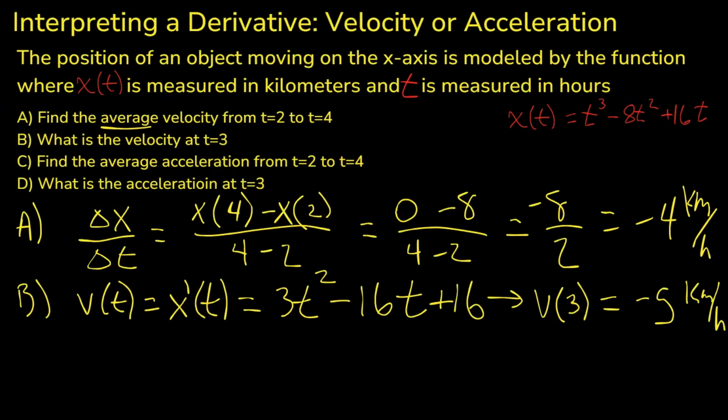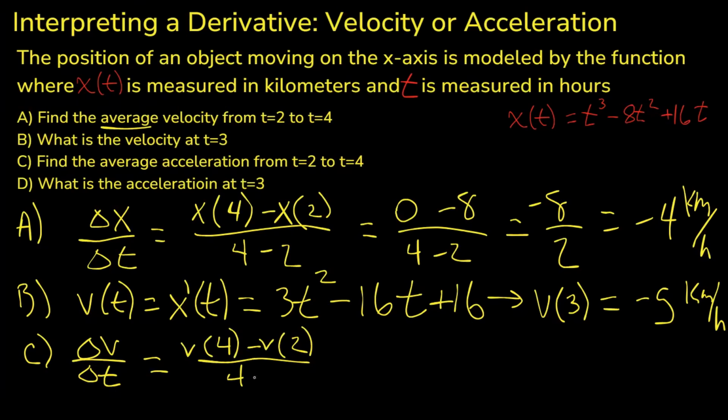And this would be interpreted as the velocity of the object at 3 hours is negative 5 kilometers per hour. Part C, we want to find the average acceleration, which is change in velocity over change in time. So it would be v of 4 minus v of 2 all over 4 minus 2.